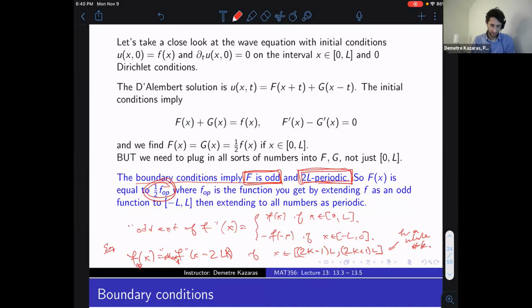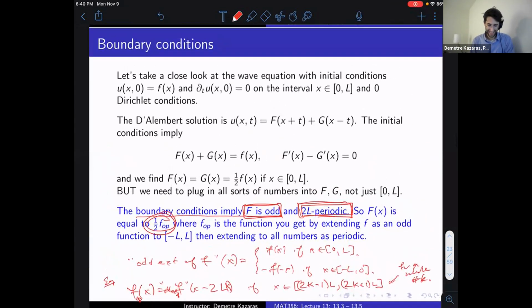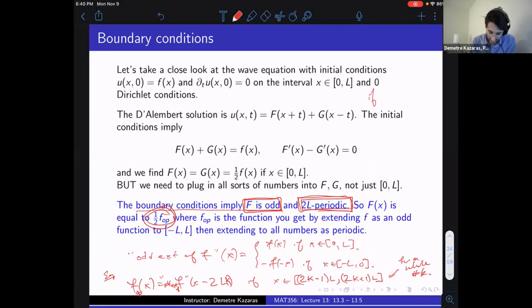A picture might be useful. So if f looks like this from 0 to L, then the odd extension of f would look like this. So let's see, here's L, here's 2L, minus 2L.